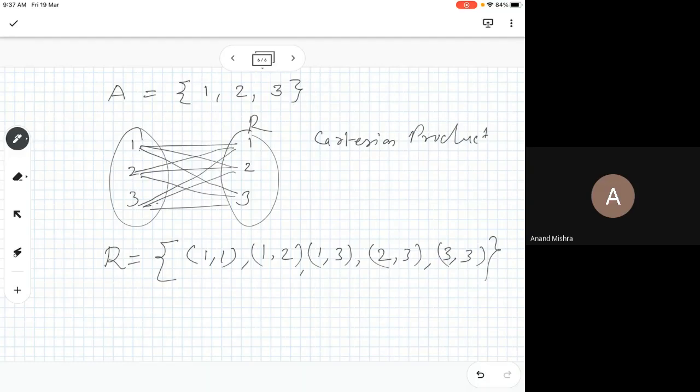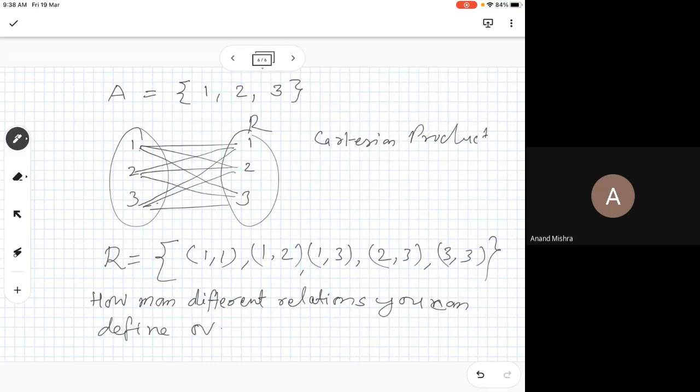So this is one particular relation. How many different relations can you define over this set A?